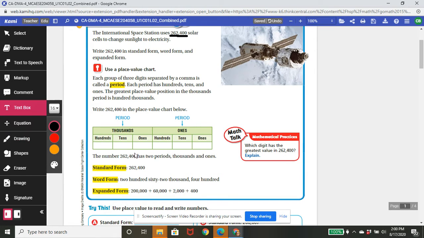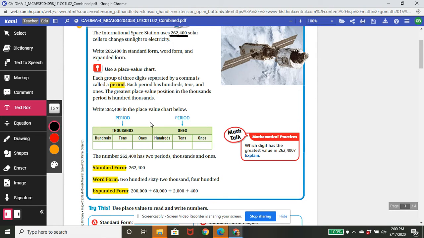Okay, remember this right here is the place value chart. So each group of 3 digits separated by a comma is called a period. Okay, so here's a digit, 2 digits, 3 digits. That is the ones period. And then we separate it by a comma.